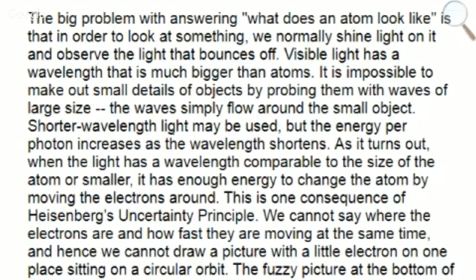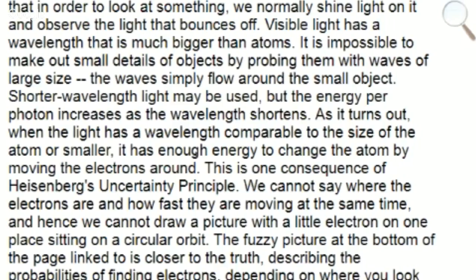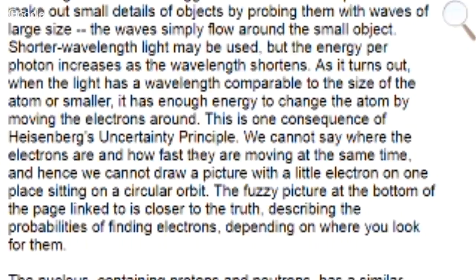As it turns out, when the light has a wavelength comparable to the size of the atom or smaller, it has enough energy to change the atom by moving the electrons around. So they're saying by observing it, you can actually change what you're looking at. Isn't that the quantum effect?